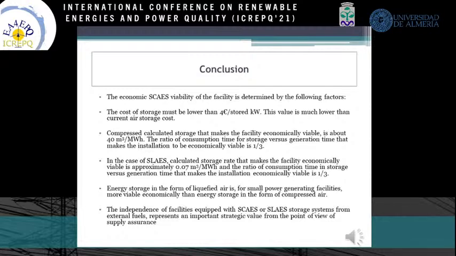Energy storage in the form of liquefied air is, for small power generation facilities, more viable economically than energy storage in the form of compressed air. The independence of a facility equipped with a SKY or SLICE storage system from external fuels represents an important strategic value from the point of view of supply assurance.